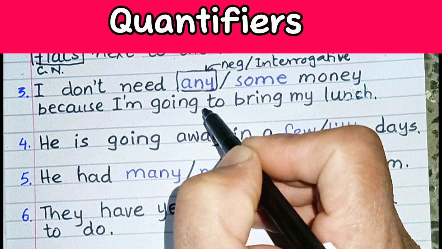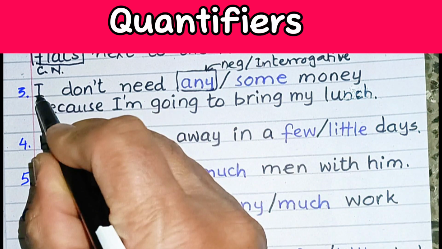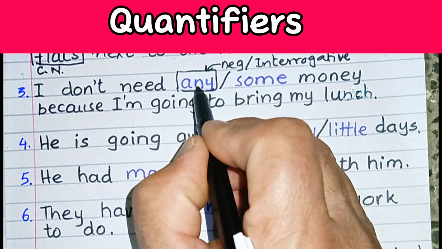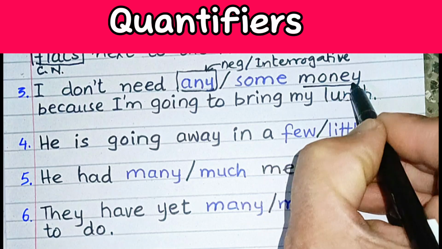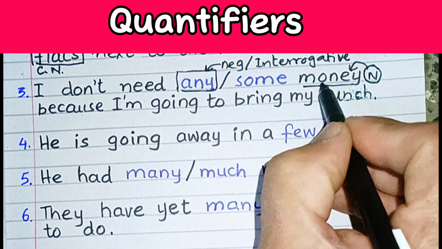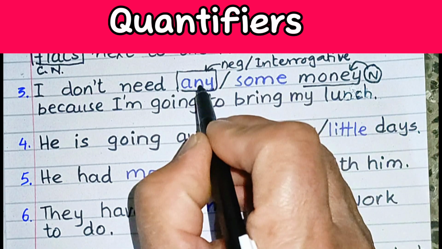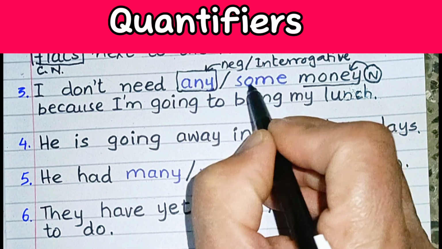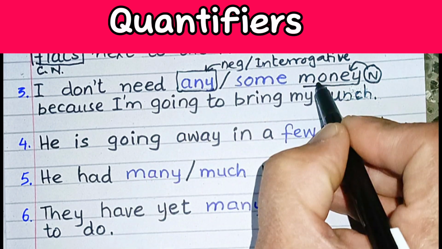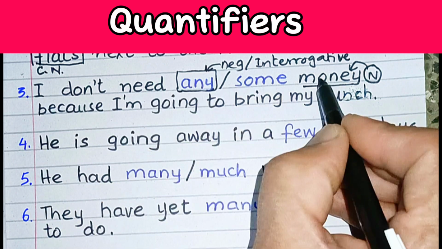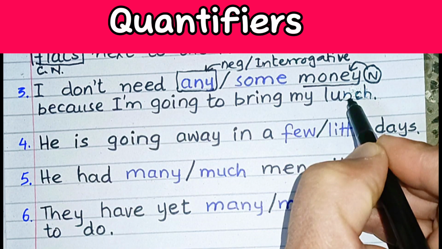Over here, I don't need means a negative statement is there. Money is a noun over here, and any is used for negative and interrogative statements. Once we have a positive statement, then some is the right option. So any is a quantifier that modifies money. I don't need any money because I'm going to bring my lunch.